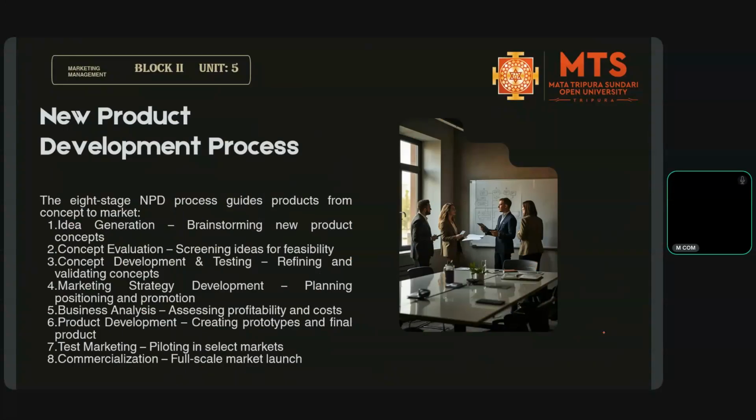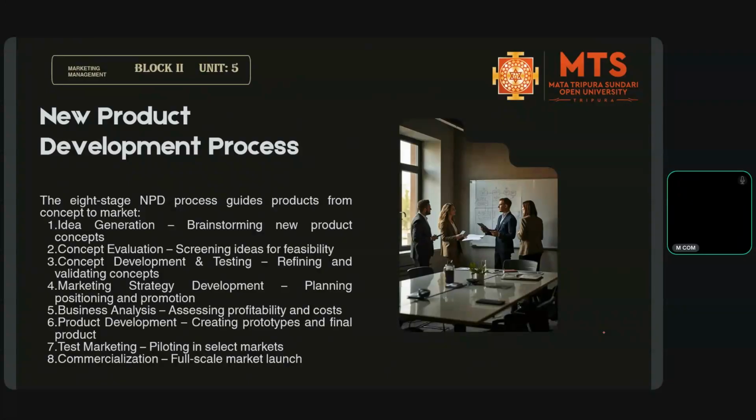Now we have come to unit 5, that is how the new product development process goes. Means if you are going to make a new product, then what are the steps that can be involved in it? That is our unit 5. In block 2 there are 8 steps that guide product development.